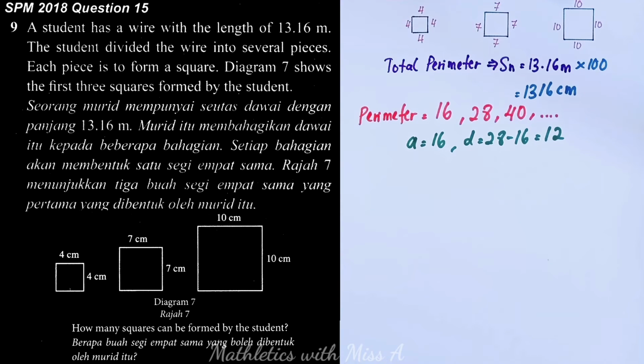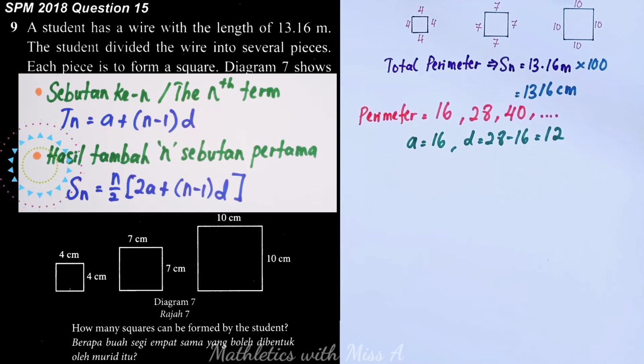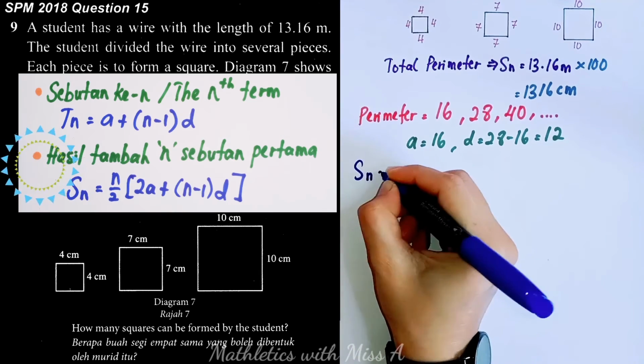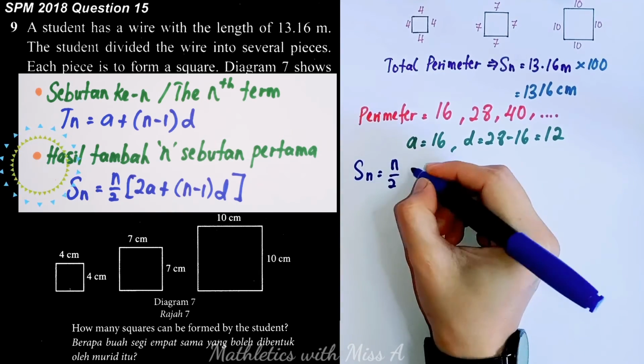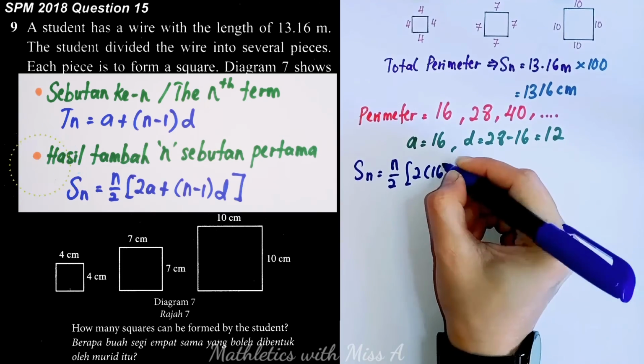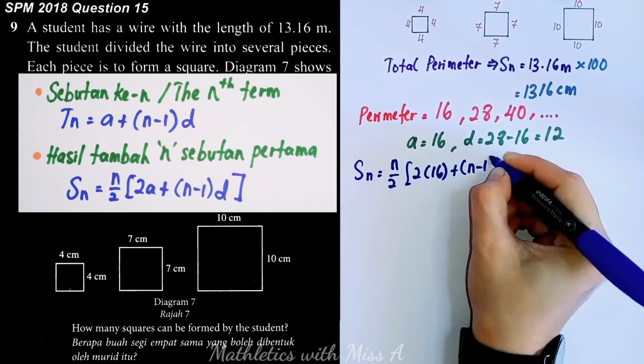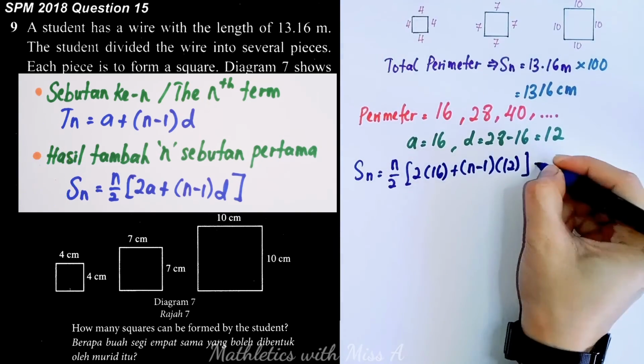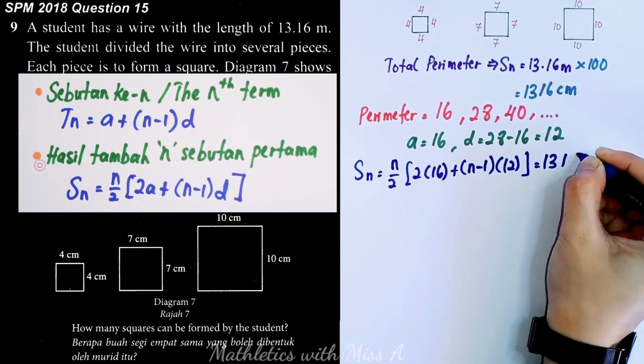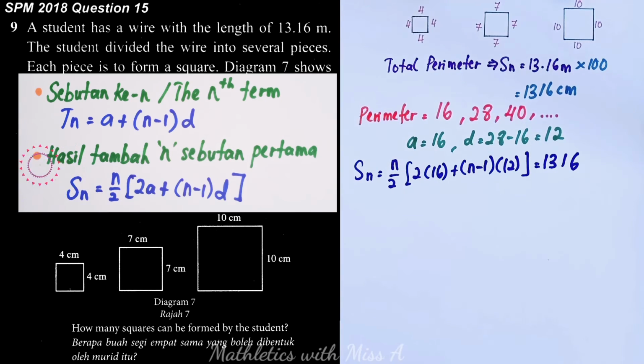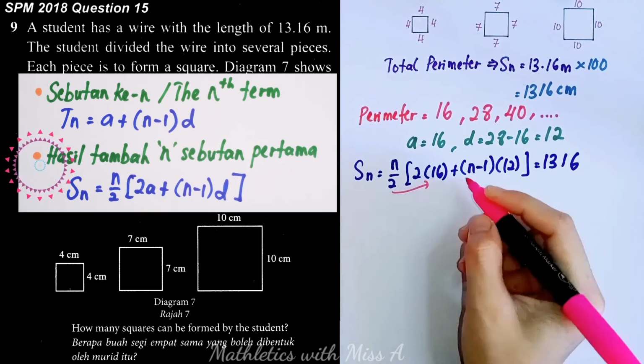So by using the formula of Sn, Sn equals n over 2 in bracket 2 times 16 plus in bracket n minus 1 times 12 equals 1316 centimeter. So expand.